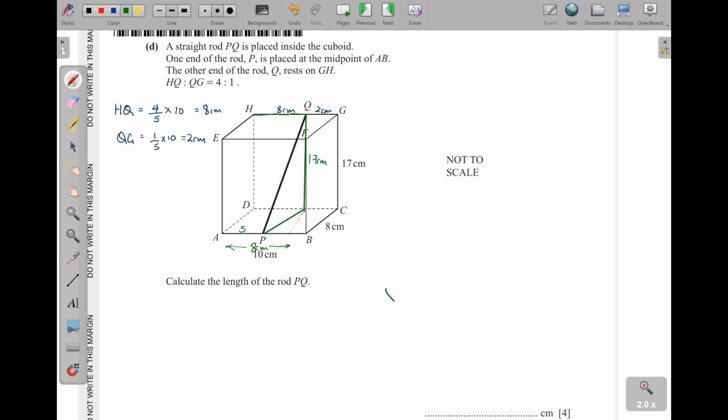So if this is 5 centimeters, then that means this is 3 centimeters here. Then this will be 8 centimeters. You see that? 8 centimeters here. Now I have this triangle here. This triangle here is right angled because it is on the base here. It is just slanting like this one here, this face here, but because this is 3D.